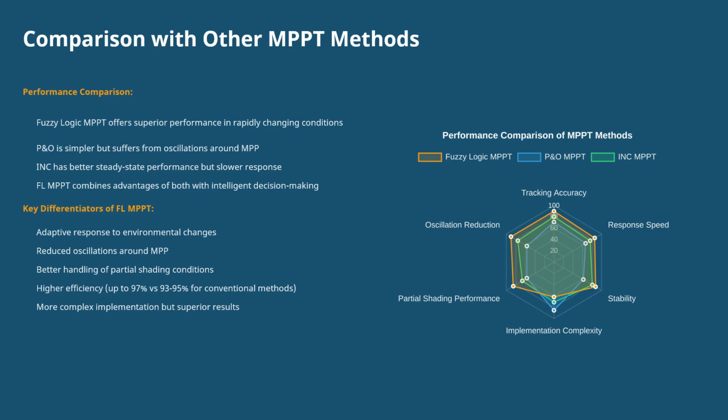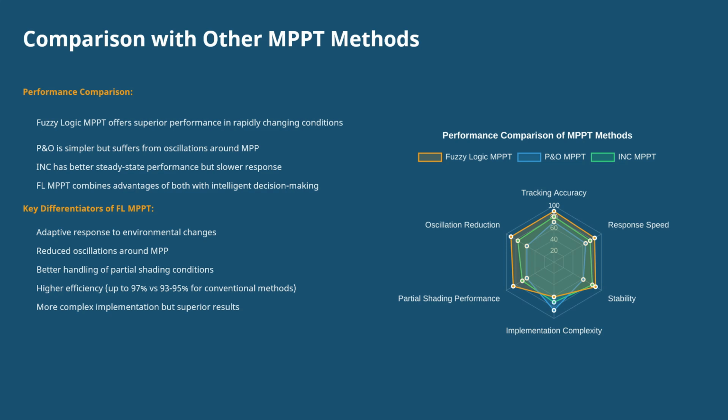P&O is simple but suffers from oscillation and slow response. INC is more accurate but slower and still limited under partial shading conditions. Fuzzy Logic MPPT adapts better to fast-changing environments and is more suitable for partial shading conditions. It is more complex but delivers better efficiency.